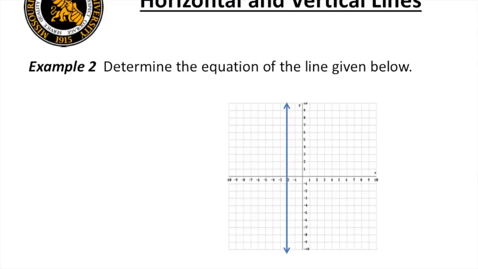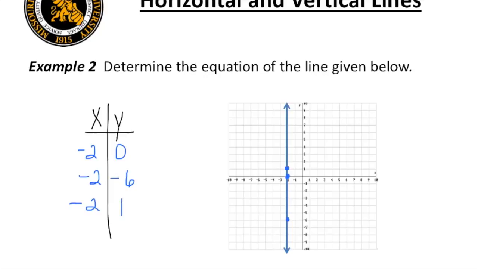Similarly, consider this vertical line. Going to our t-table and identifying the ordered pairs to go along with the points on that vertical line, we see that there is a point at (-2, 0), a point at (-2, -6), and a point at (-2, 1).